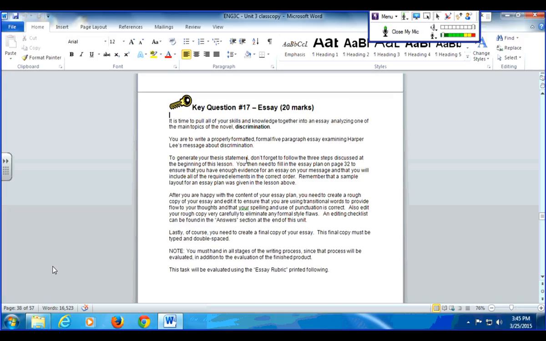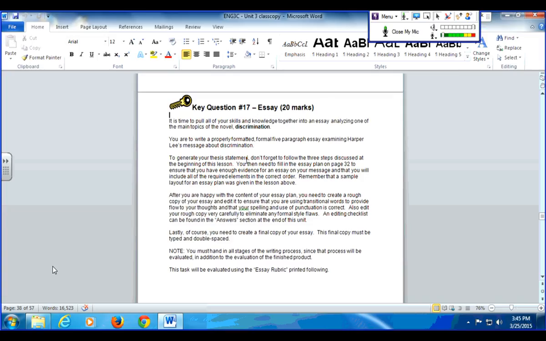One thing I do recommend to students, if they're having a hard time: a lot of students do a great thesis and do really good with their body paragraphs, but they have a very hard time writing their conclusion. Even though they have the outline done, they struggle with that. So what I have recommended to some students is just copy the point from the outline of the conclusion as you do your rough draft.